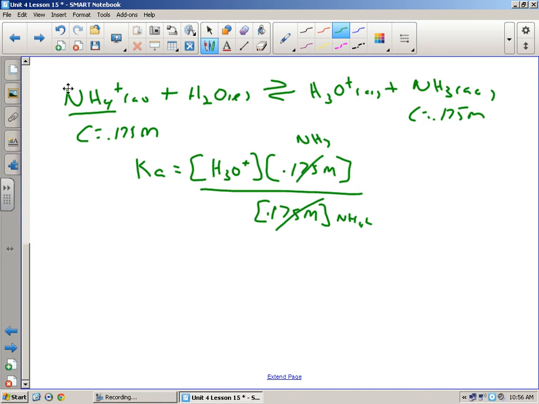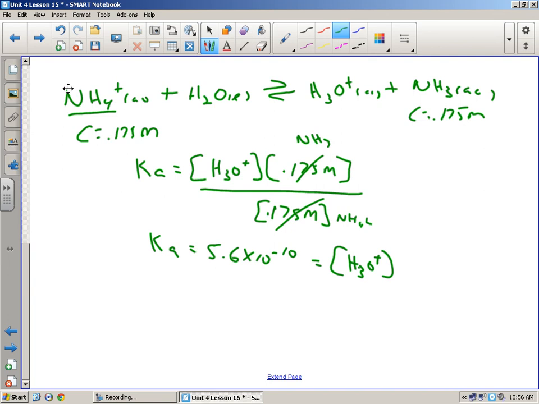So basically, your hydronium ion concentration is going to equal the dissociation or the ionization constant for this acid here, and the ionization constant for this here is, yeah, 5.6 times 10 to the negative 10. Okay, and that, of course, will equal your hydronium ion concentration.